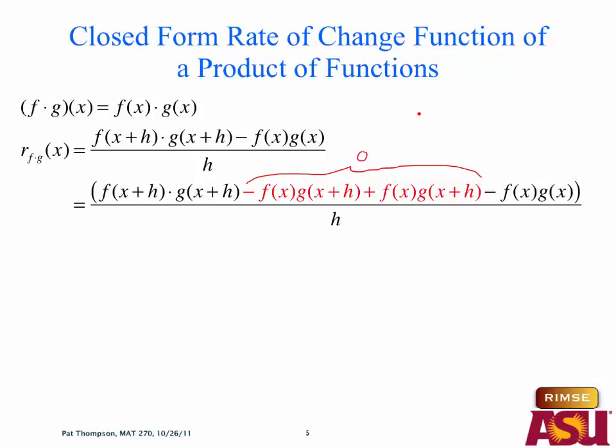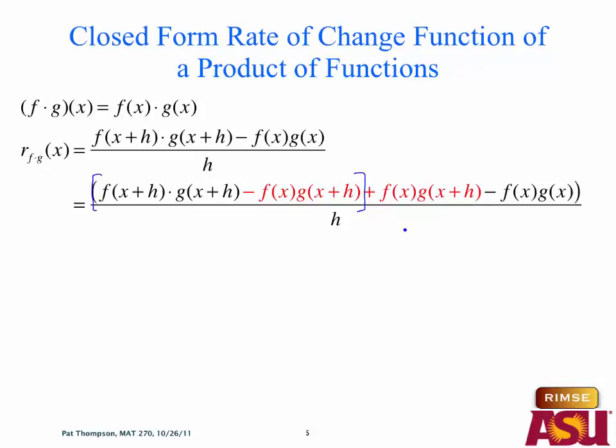Okay, so a mathematician in the past was having a ball at his desk, moving symbols around, and was able to figure out that this will get us to a rule for finding the rate of change of a product. So if you notice, by grouping these two together, you notice a common factor.